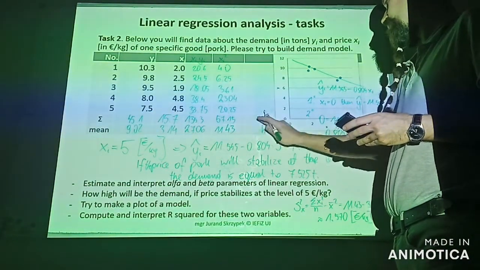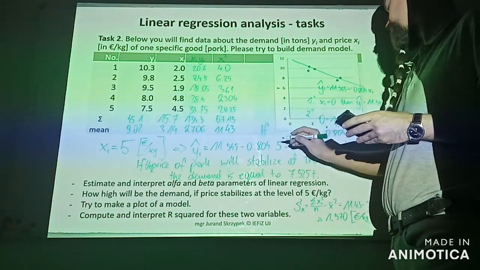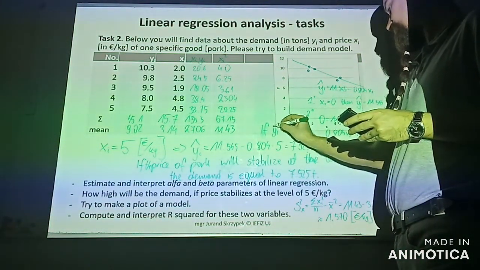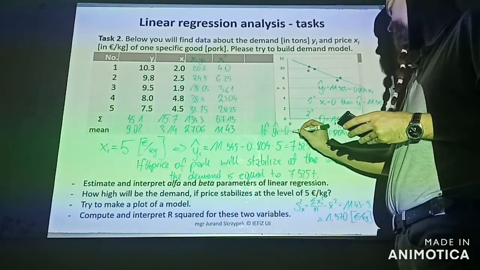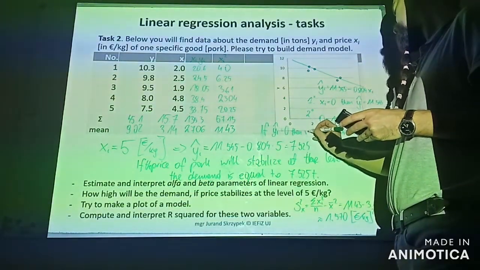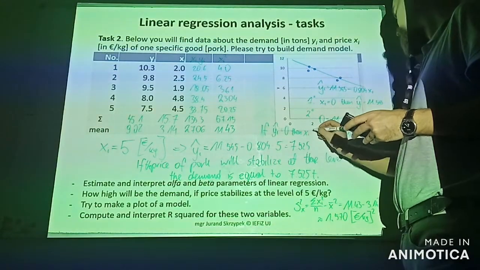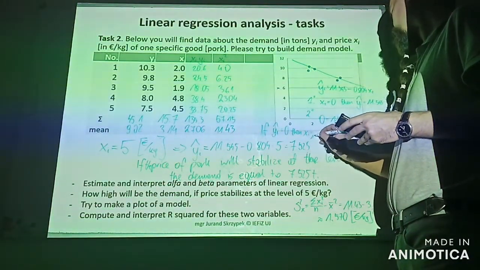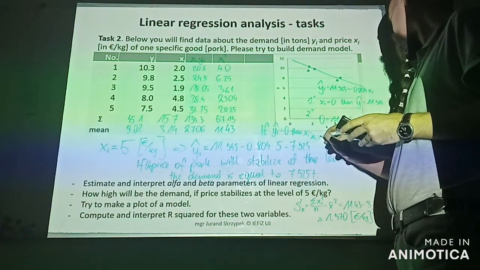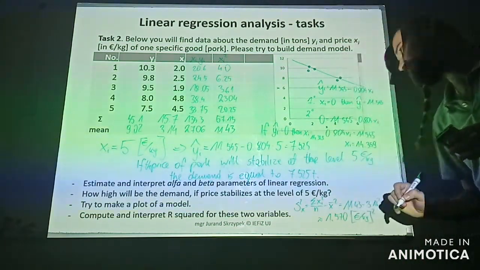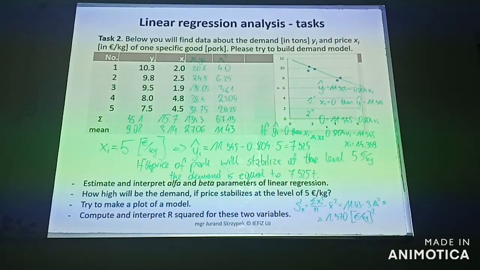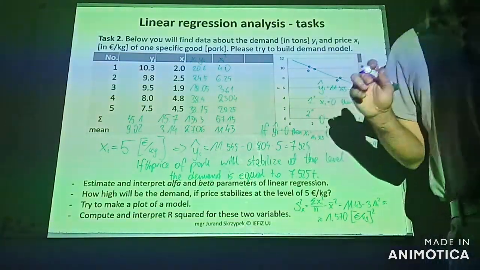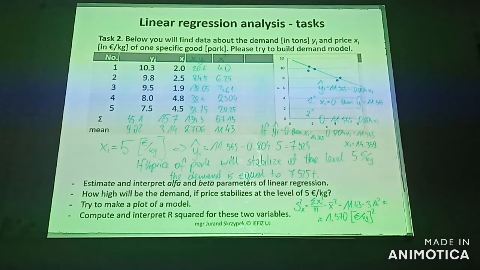So if the demand is equal to 0, then the price level should be around 14.359. Okay. So we can make a plot.